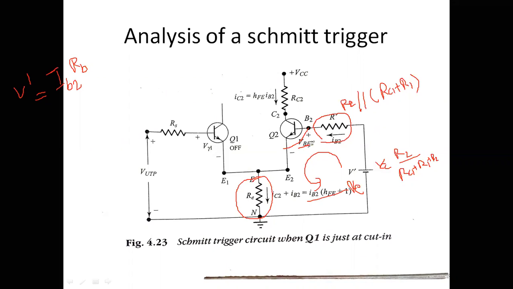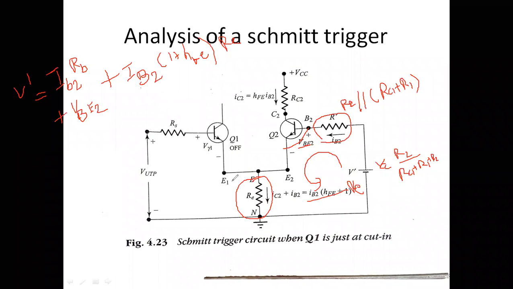Next we have this voltage, which is VBE2. Then the drop across this resistance: the current is IB2 into (1 plus hFE), so the drop is (1 plus hFE) into RE.